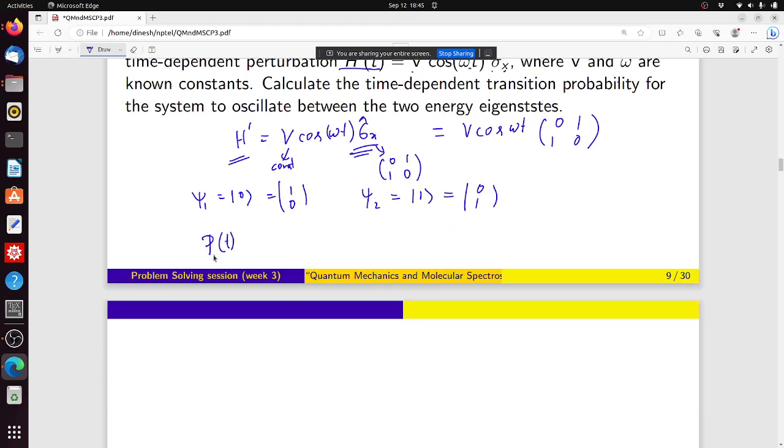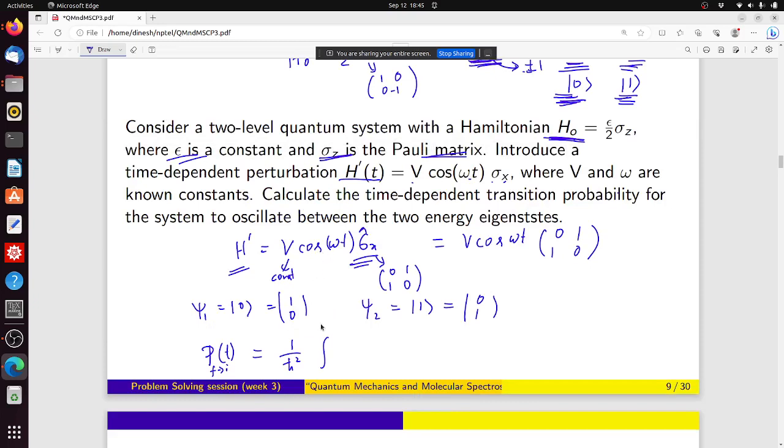For transition probability, I know the general form. P of t equals 1 over h bar squared, the integral from 0 to t of e to the power i omega fi t, then psi 2 H prime psi 1, then the mod square, with the integration with respect to time.